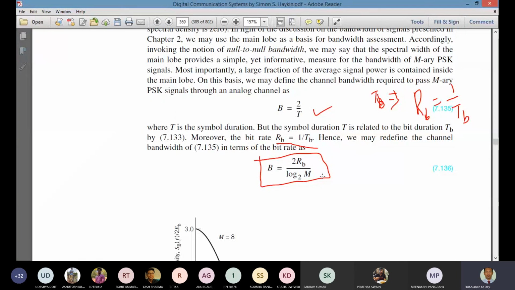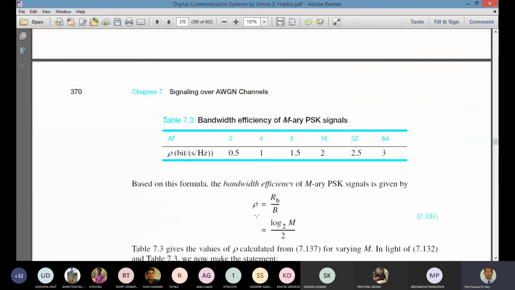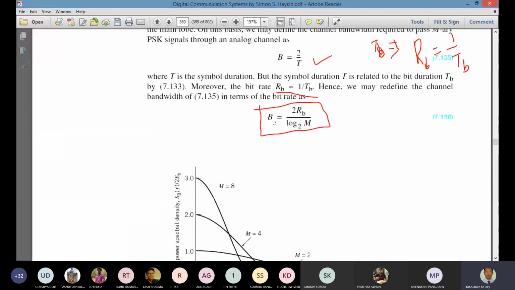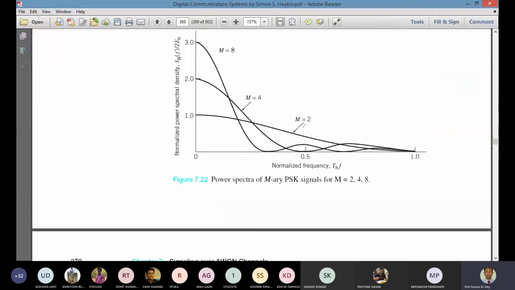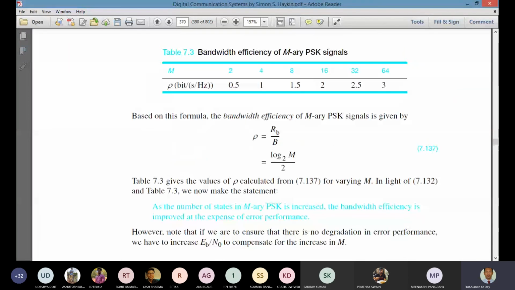So we can write that rho equal to RB by B. Now from this equation, if we put in the value, RB by B is equal to log 2 base M by 2. So the bandwidth efficiency is equal to log 2 base M by 2.